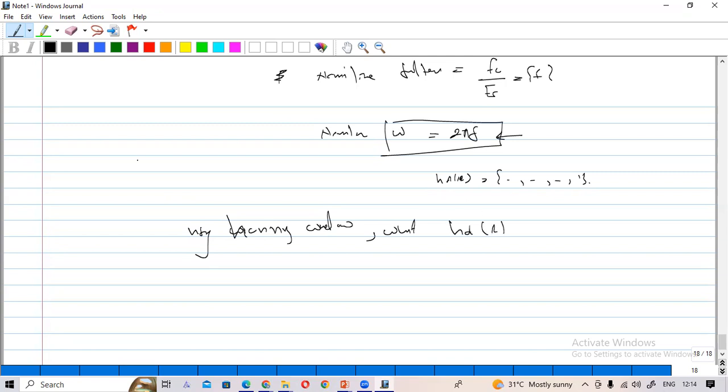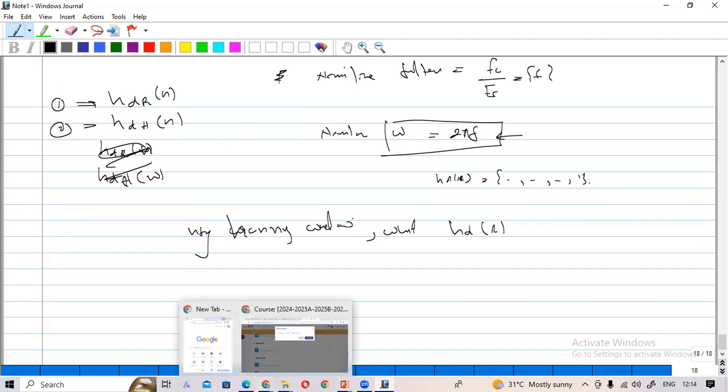So you have to find the desired impulse response using rectangular, and you have to find the desired response using Hanning also. Try to find these two.